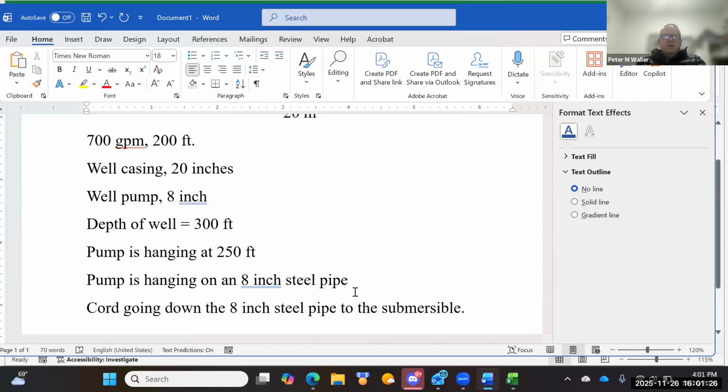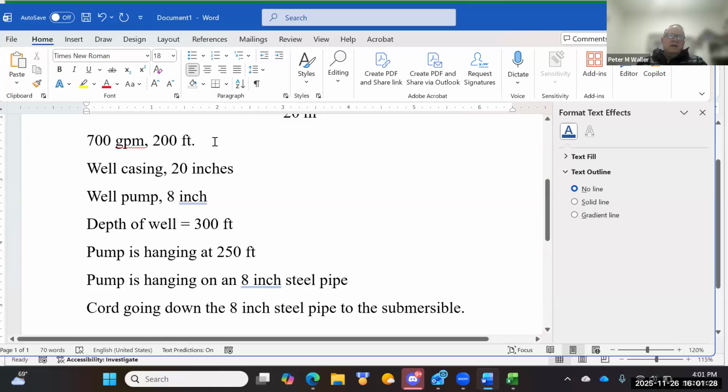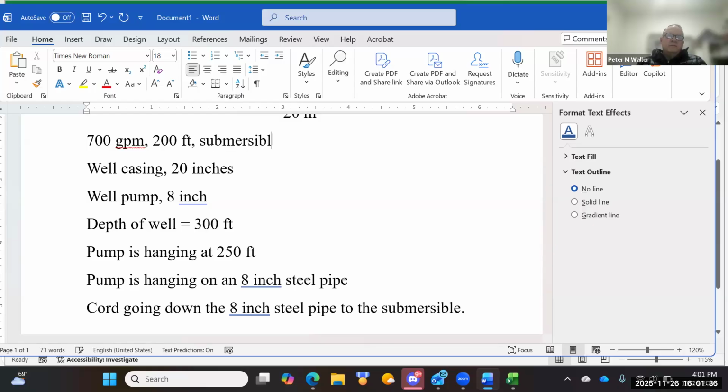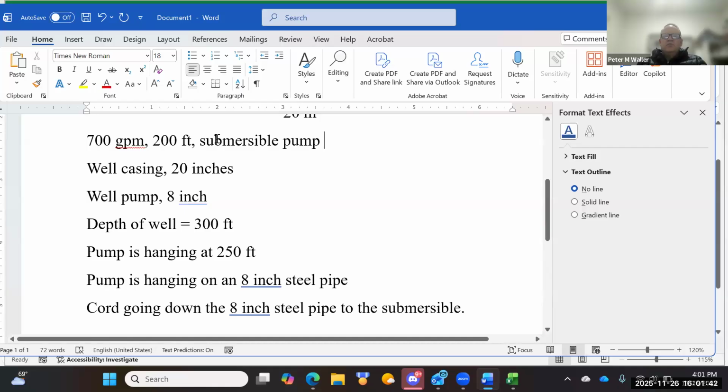So what we're going to do is look for a 700 gallons per minute, 200-foot head, submersible pump that is hanging at 250 feet.